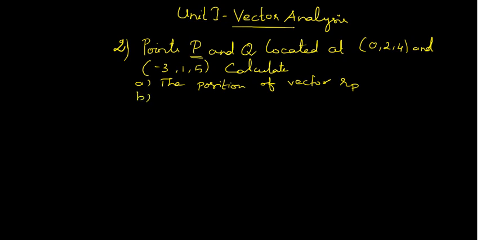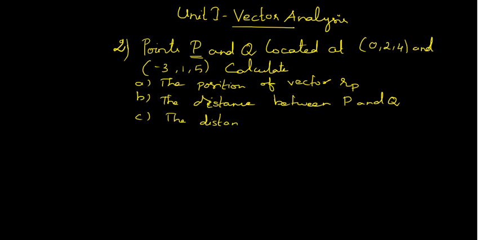Second one, the distance between P and Q. And the third one, the distance vector from P to Q. Okay, put vector symbols everywhere.